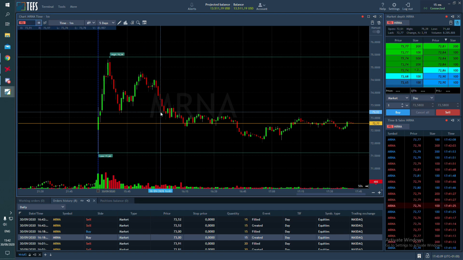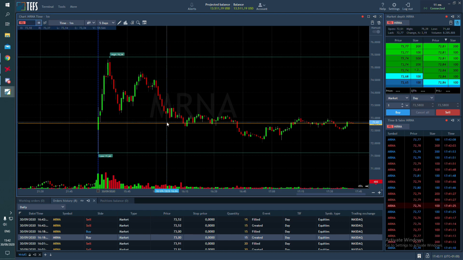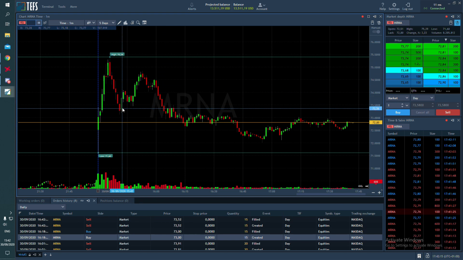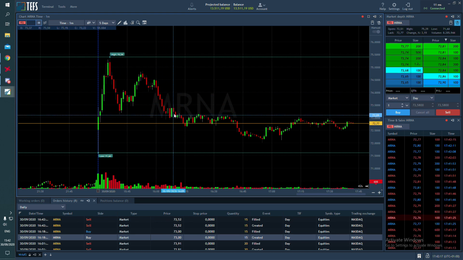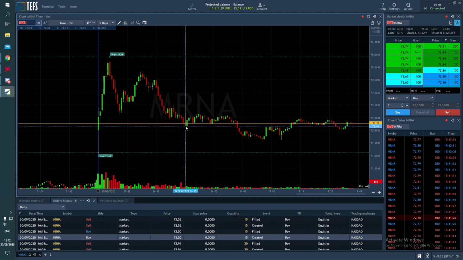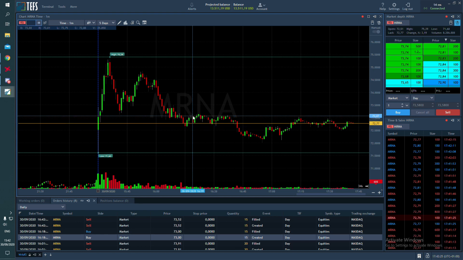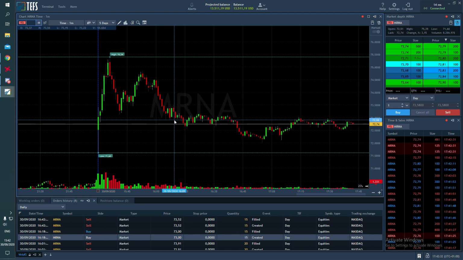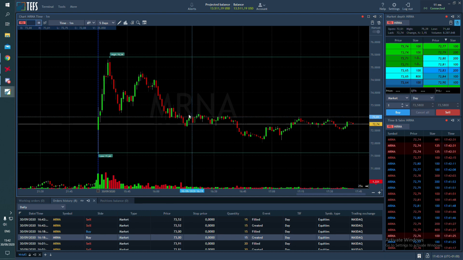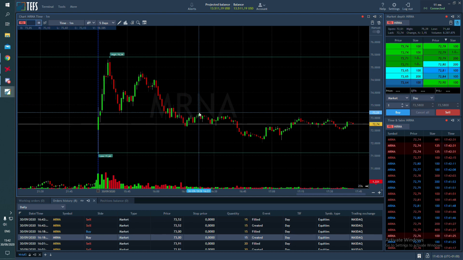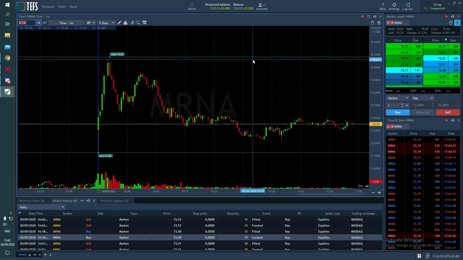But still, I took the trade in mRNA just because I saw a little pattern forming. It breaks this, makes a new support, then breaks the support, and then it retakes the support. The last couple of days I've quite often seen it just run up after this. If it retakes the support, it was a bear trap, and I see the stock just running up to high of the day.